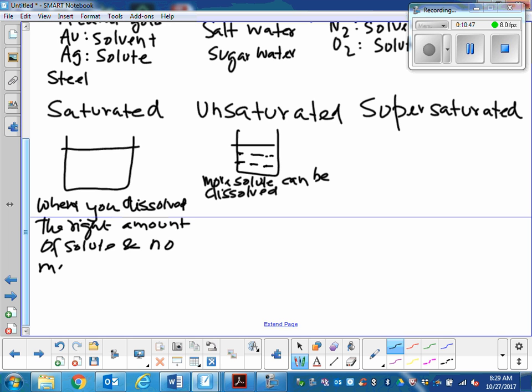Is that right? No more of solute can dissolve. And we are all referring to it at that particular temperature. Is that right? It's very temperature dependent. Do you guys agree? Solubility is temperature dependent.